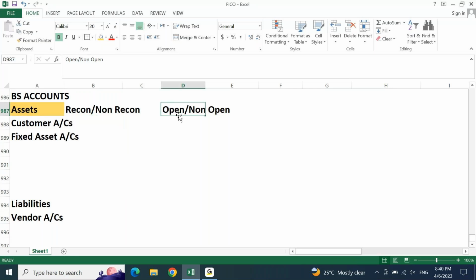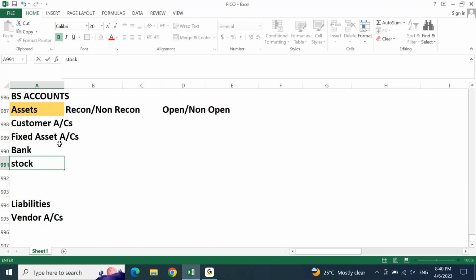Now you have to identify what are your open item managed GL accounts, what are your non-open item managed GL accounts. Let's say I will write bank accounts. Any other accounts? Stock. Stock is separate. Cash.